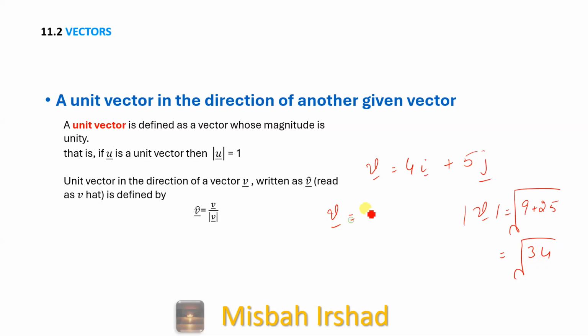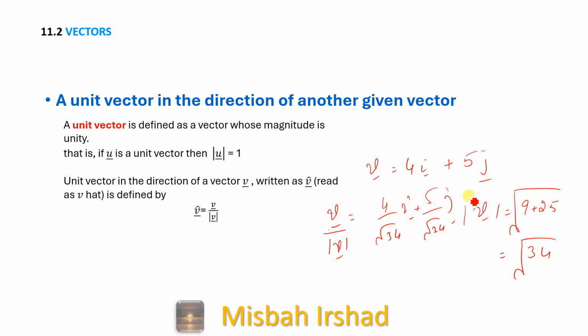So if we divide this vector by its magnitude, 4 over square root 41 i plus 5 over square root 41 j, then this is a unit vector in this direction.